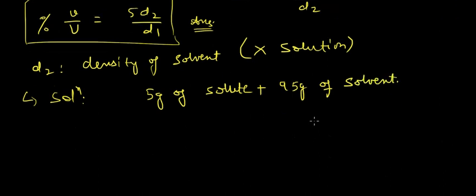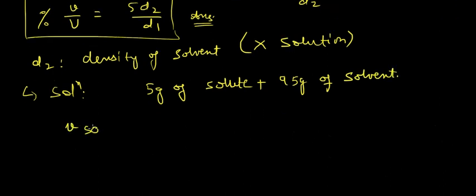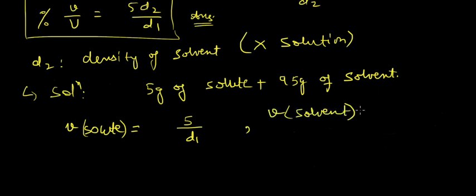Now what would be the volume of solute? Volume of solute would be mass of solute divided by density of solute. And what would be the volume of solvent? Volume of solvent would be mass of solvent upon density of solvent, which is D2.